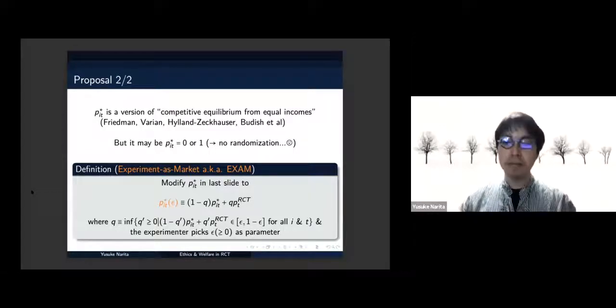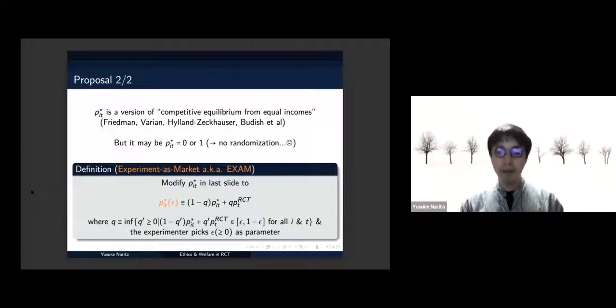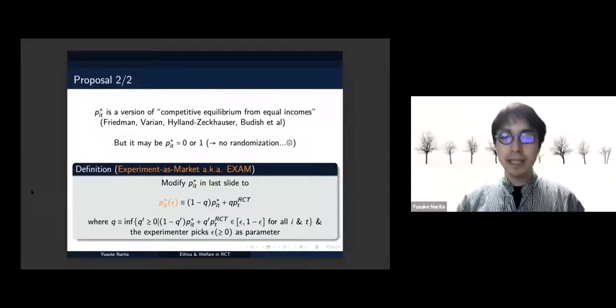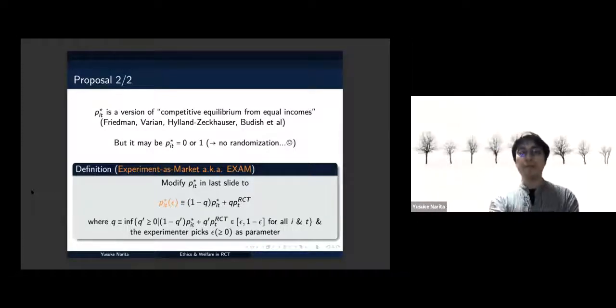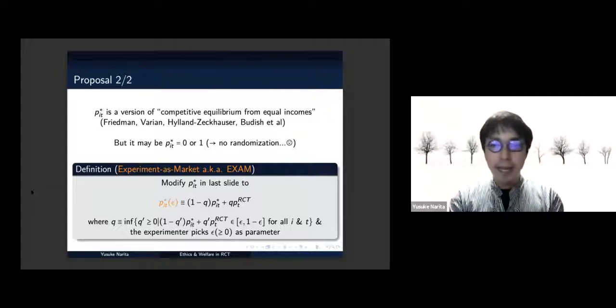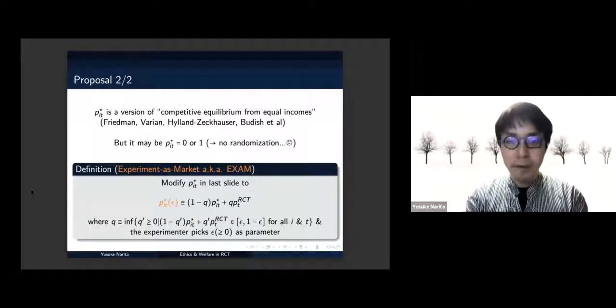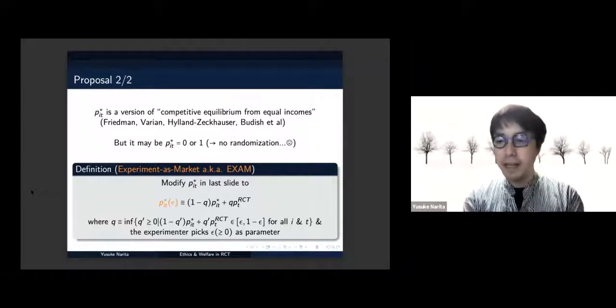And here, this epsilon is some design parameter, picked by the experimenter as some small constant, such as 5%, maybe 10%. So given the experimenter's choice of this epsilon parameter, let's compute this P star of epsilon object, which will be the final treatment assignment probability in this exam, or experimental market.